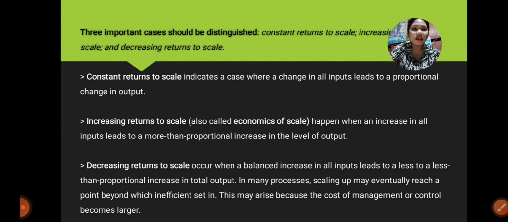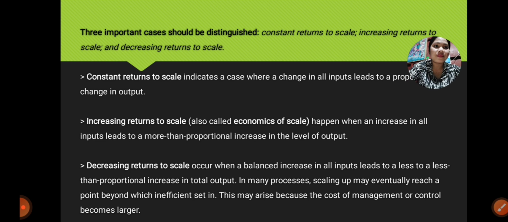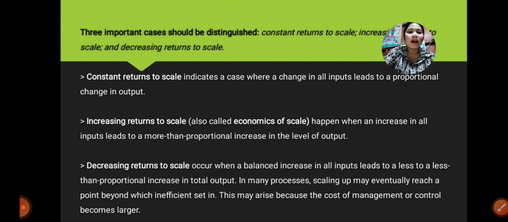There are three important cases that should be distinguished: constant return to scale, increasing return to scale, and decreasing return to scale. Constant return to scale indicates a case where a change in all inputs leads to a proportional change in output.